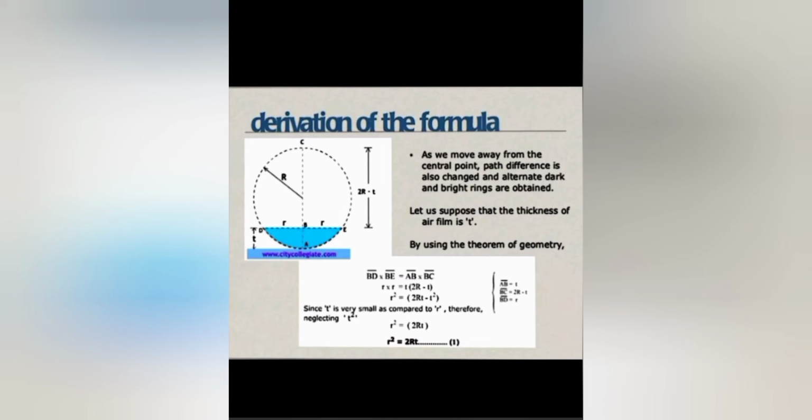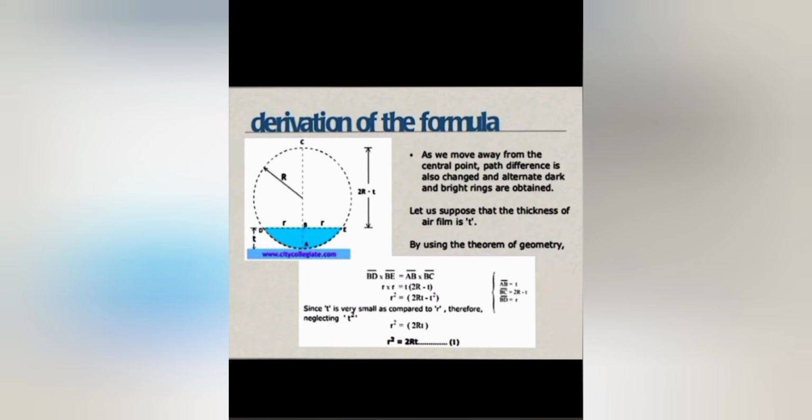By using the theorem of geometry, BD into BE equals AB into BC. We have taken BD equal to small r in the figure, so in place of BD we write r, and BE is again r, which is equal to AB. We have taken AB as t and BC as 2R minus t.